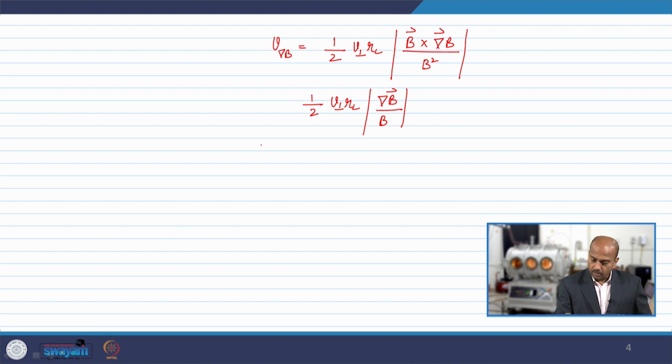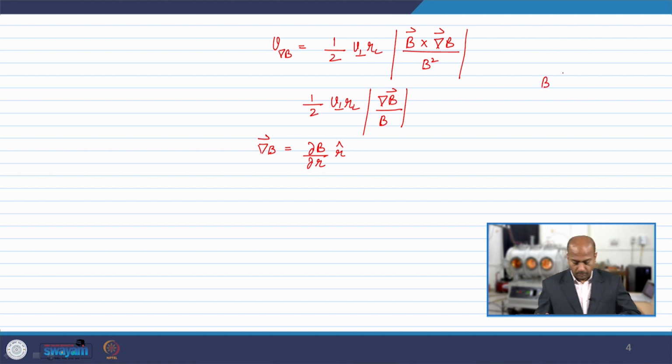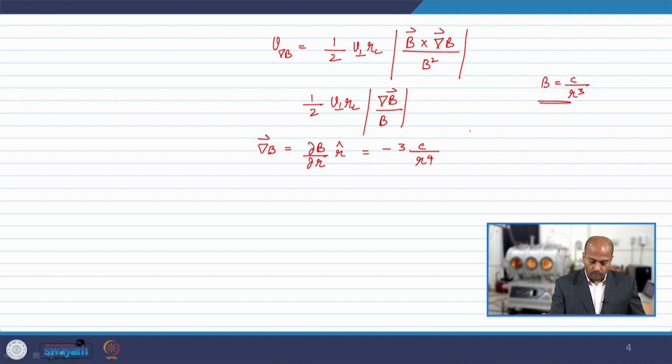So, how can we write del B? Del B as dou B by dou R along R cap. Using the fact that B is equal to C by R cube, we can write this as dou B by dou R. A derivative of this with respect to the radius will give you minus 3 into C by R power 4 along R cap, right.